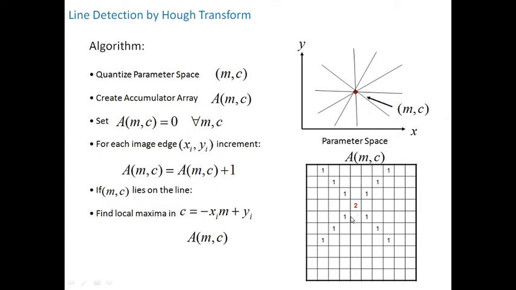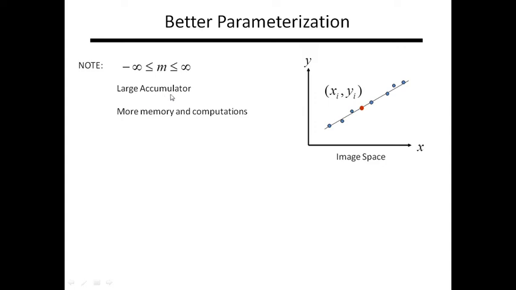If many points are present on a particular line, I have a tendency to draw many, even infinite, lines that intersect at one point. So my accumulator array count may also reach infinity. So, a large accumulator.